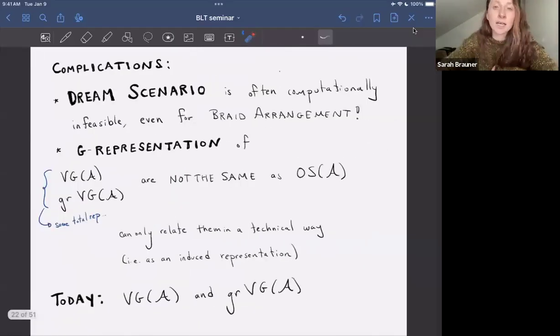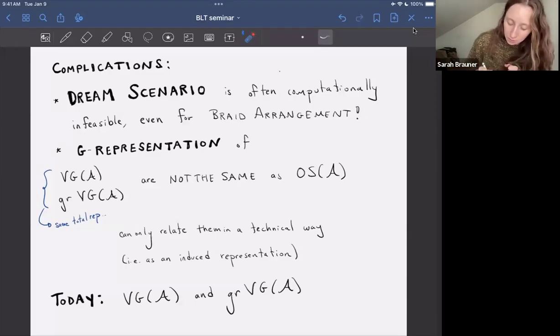But this is sort of a hard thing to do. Even for the braid arrangement, this is kind of computationally infeasible. So I'll say a little bit more about that in a little bit. So that's one complication, we can't always write down irreducible decompositions, even for the arrangement that we think of as being the nicest arrangement that we know of.